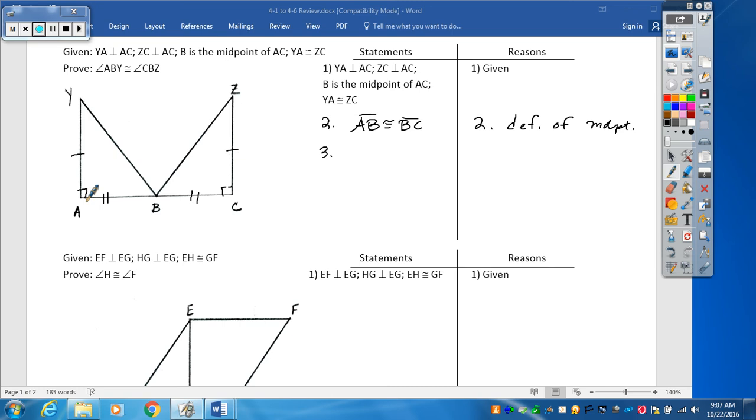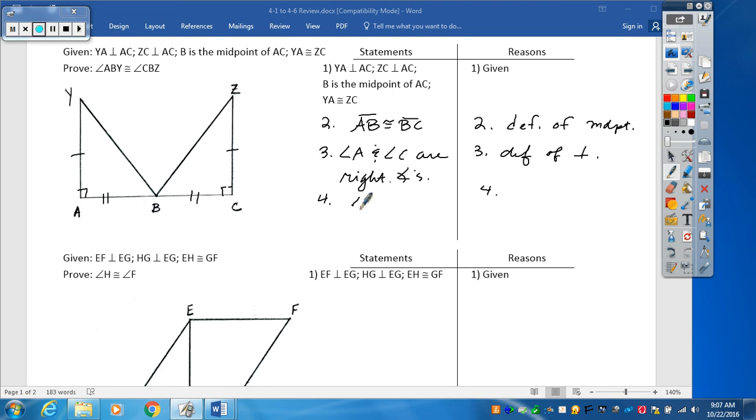So I'm going to go ahead and state this, that angle A and angle C are right angles. And the reason, definition of perpendicular. From there, if we're going to use side angle side, I need to show that those two angles are equal to each other.